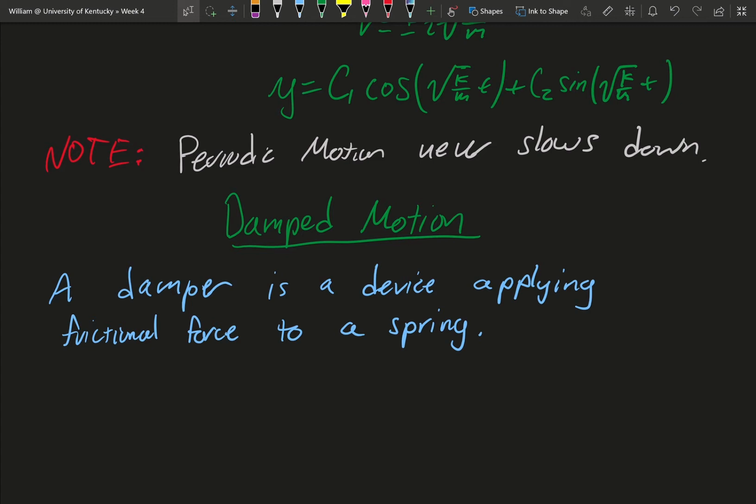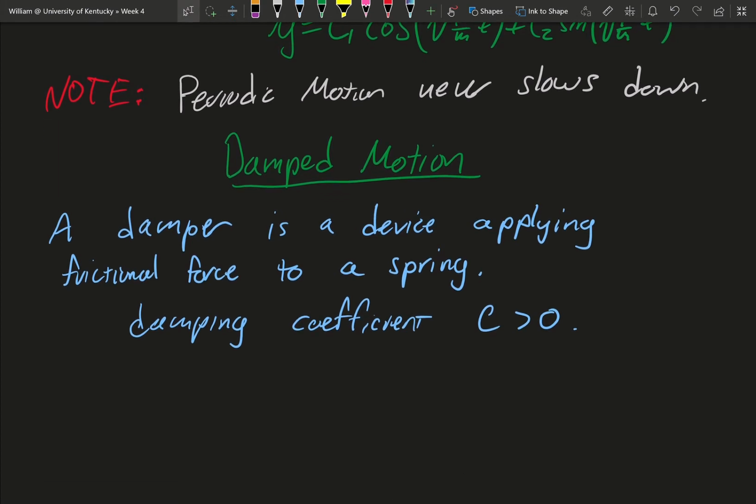So in this model, the damper introduces a damping coefficient, which again, we're going to assume is positive. And with this, the total force acting on the spring, our damper is going to oppose movement.